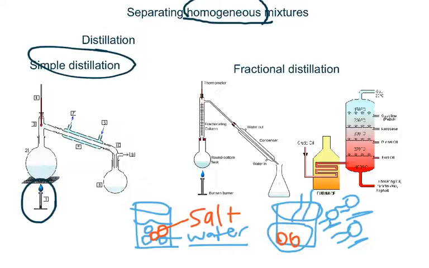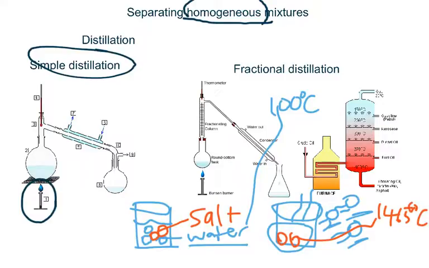So let me continue my discussion about distillation. So when we distill water made of table salt, water has a boiling point of 100 degrees Celsius, while salt has a boiling point of 1,465 degrees Celsius. So when we boil off the water, we are left with the salt. Well, why is that?